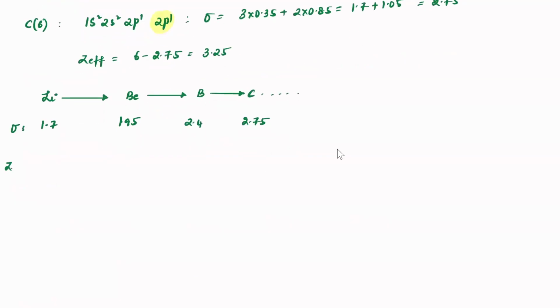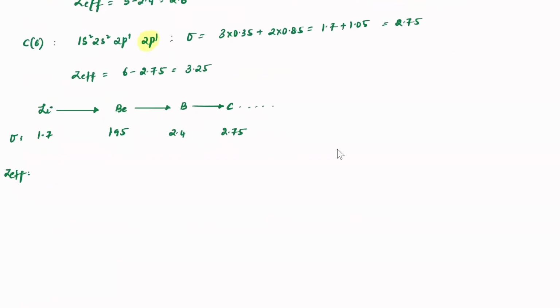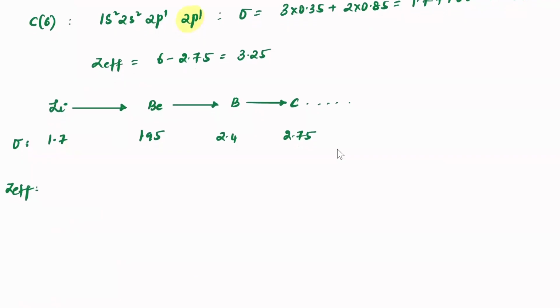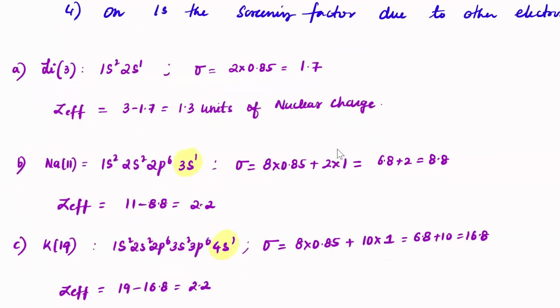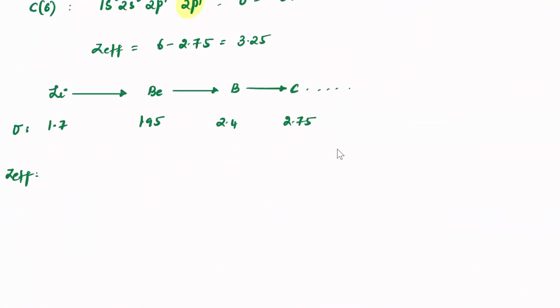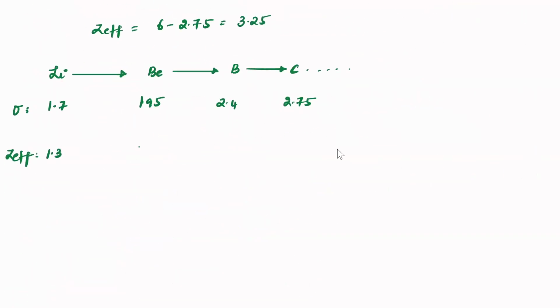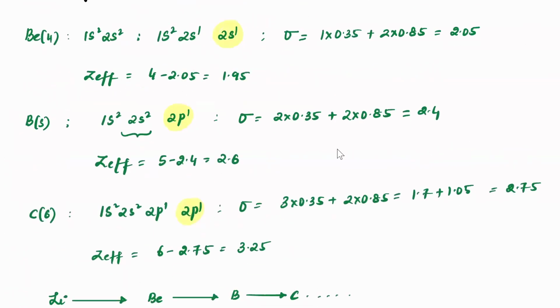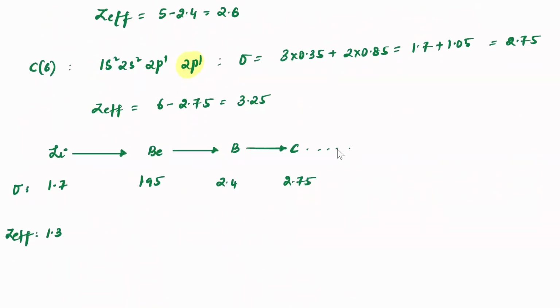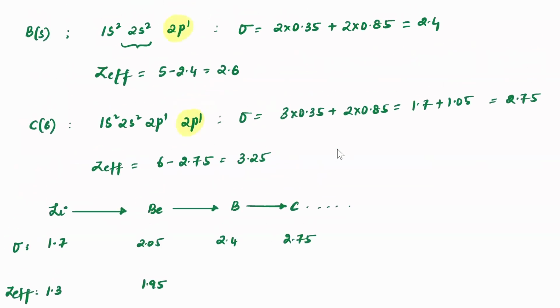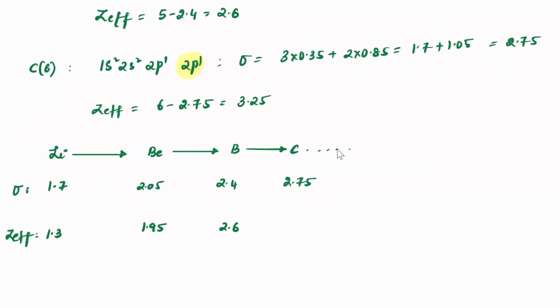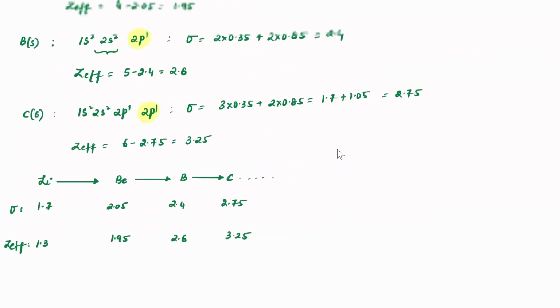Now based on that, what is happening to the Z effective value? Check out the Z effective value. In the first case it was 1.3. For beryllium, sorry, Z effective was 2.05. My mistake. So Z effective is 1.3 for lithium, 2.05 for beryllium, for boron it is 2.6, and for carbon it is 3.25. What did you notice out of these four calculations?